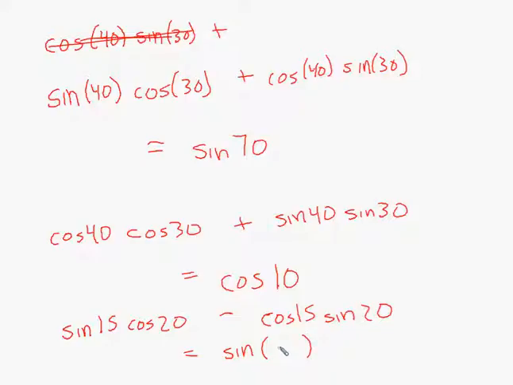Sine of negative 5. Oh, yeah. It's a difference formula. Okay? Or better, sine of 355. Make that a positive angle. But this, I guess, technically is the answer.